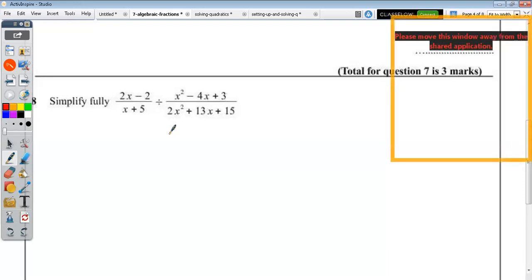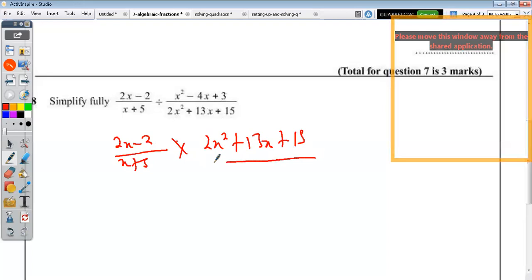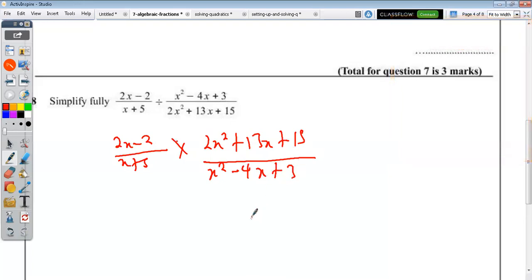You seem confident. Now, x minus 2 over x plus 5, multiply by the inverse of the first thing: 2x squared plus 13x plus 15 over x squared minus 4x plus 3.